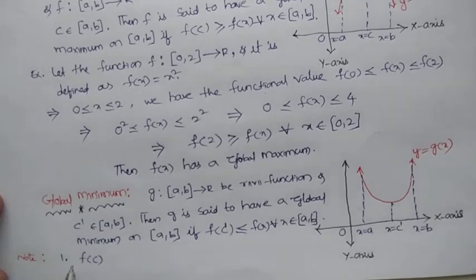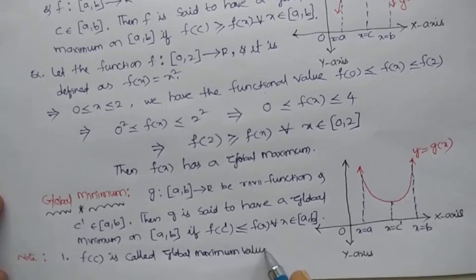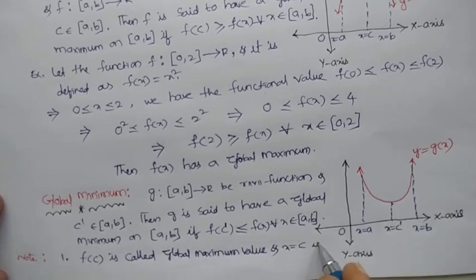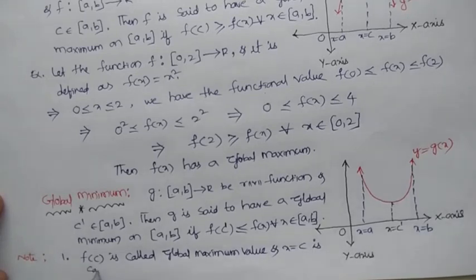So note one: f of c is called the global maximum value, and x equals c is called a point of global maximum.